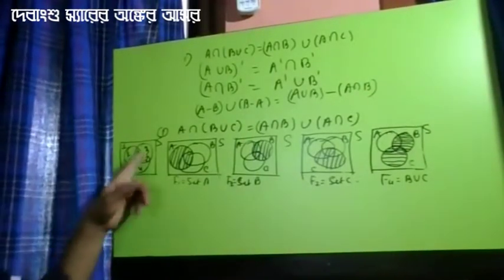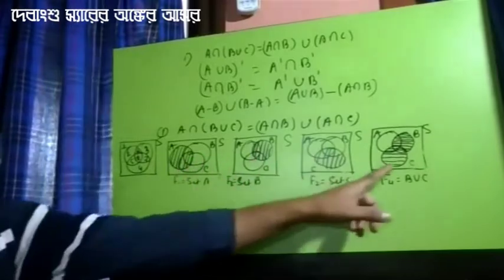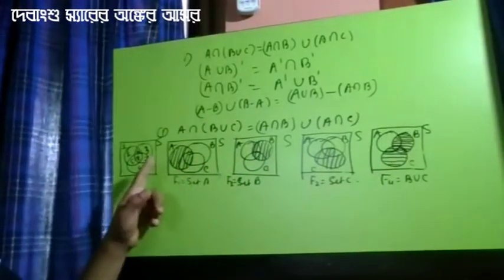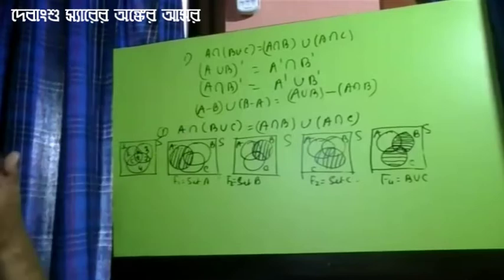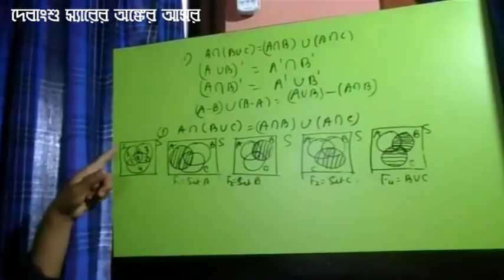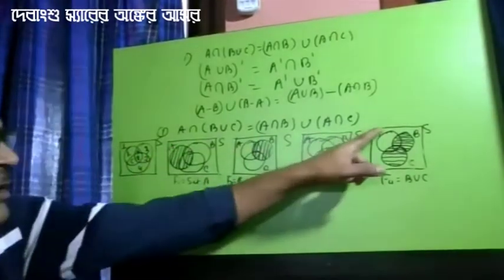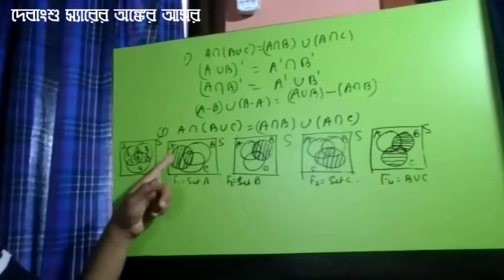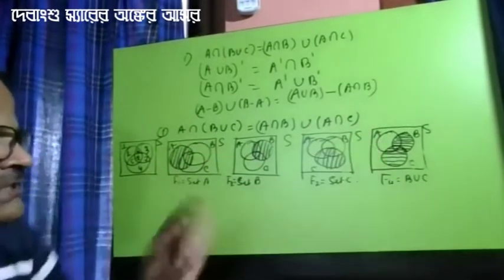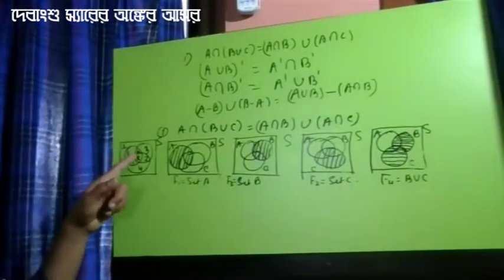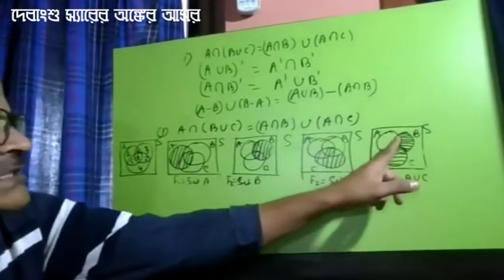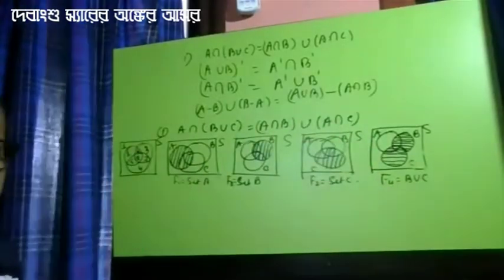Now from these diagrams, comparing these two, you have to find which parts are common, because you are taking the intersection. Now see, the first part is not in any of the diagrams. Part 2 is in this diagram but not in this diagram. Only 6, 8, and 5th are common to these.